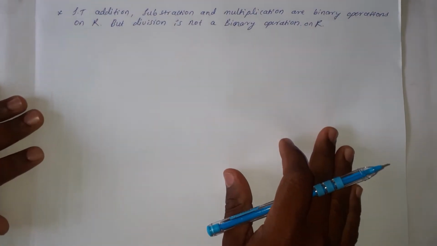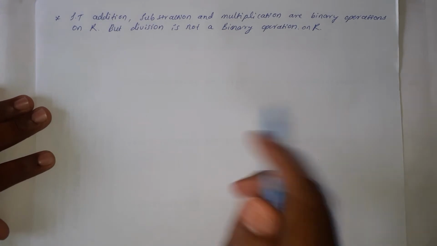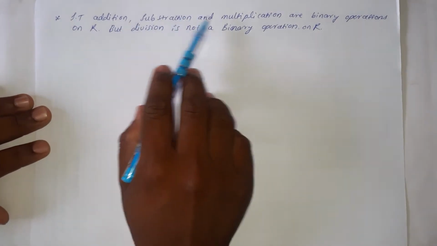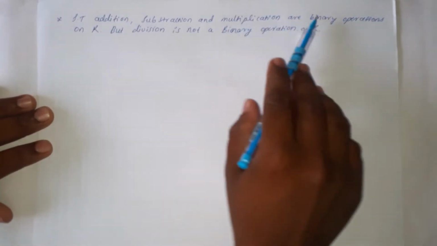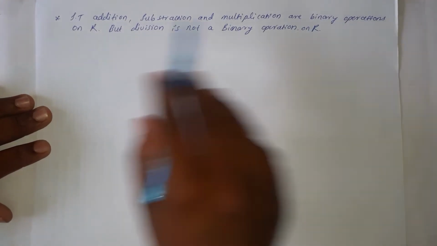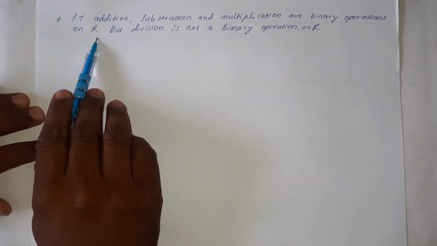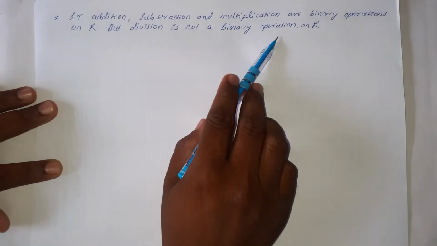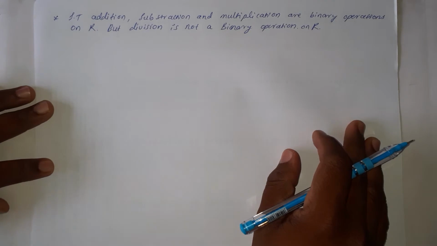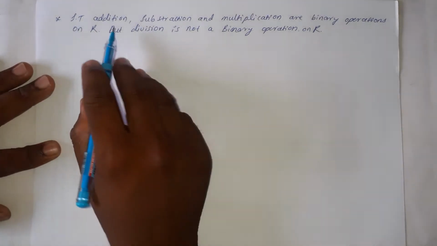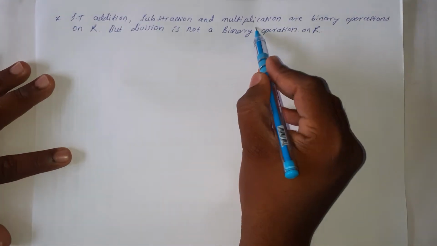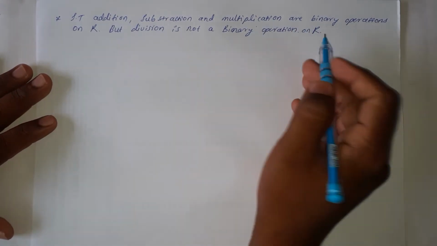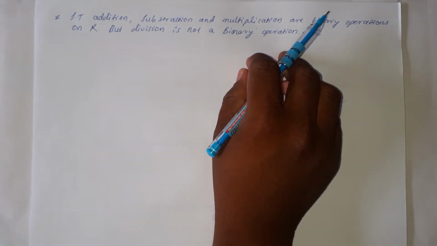So the first example is: show that addition, subtraction and multiplication are binary operations on R, where R is the set of real numbers, but division is not a binary operation on R. So let us prove addition, subtraction and multiplication are binary operations on the set of real numbers.